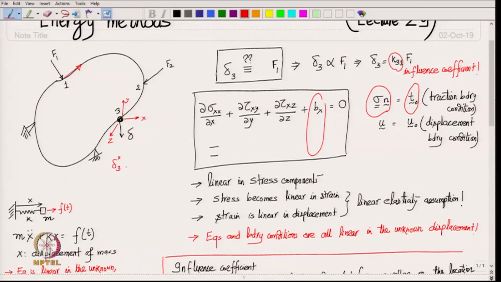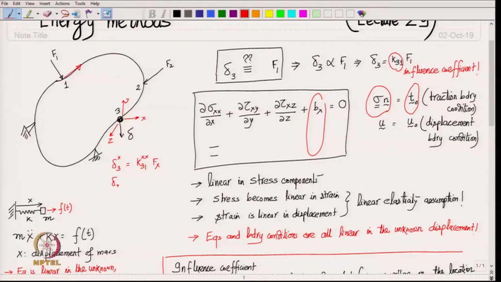at point 3 would be equal to k 31 x x of f x. So, you have 2 superscripts on the influence coefficient for the directions of both displacement and the force applied.